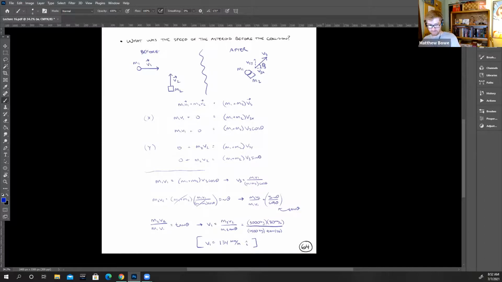You guys can look it up. It's a bit too specific for anything I am going to go over. It's also related to continuously varying mass and rocket propulsion. So if an object is moving with some velocity and it's losing mass, that means it's losing momentum as it travels.